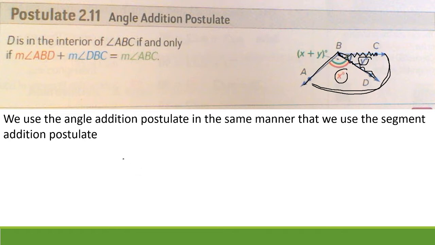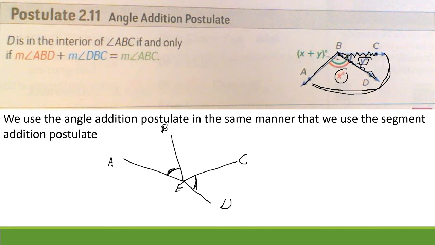So for example, I can't do this. Let's say I call this A, B, C, D, and E. What I can't do is say that angle ABE plus angle CDE is the same as angle AED.